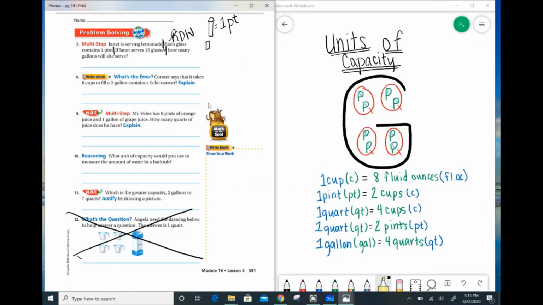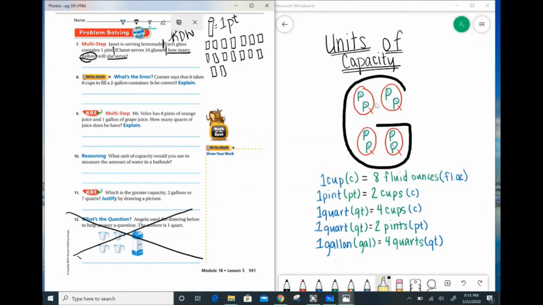1, 2, 3, 4, 5, 6, 7, 8, 9, 10, 11, 12, 13, 14, 15, 16. Now, I'm looking for how many gallons she will serve. So if I go to my gallons, I know this is a whole gallon.